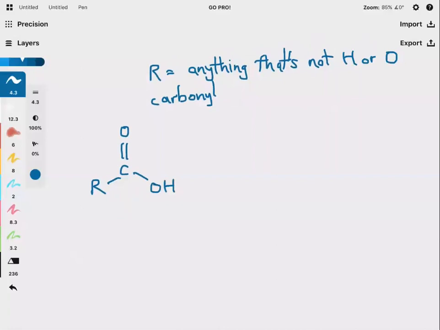This is called a carboxylic acid. If, on the other hand, we had our carbonyl bonded to an R and then an OR, so the oxygen is bonded to some kind of R group, we would call this an ester.